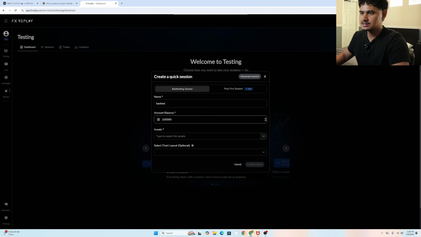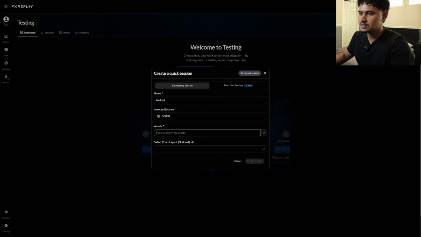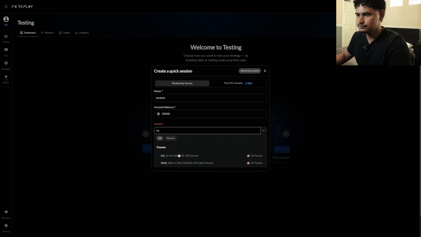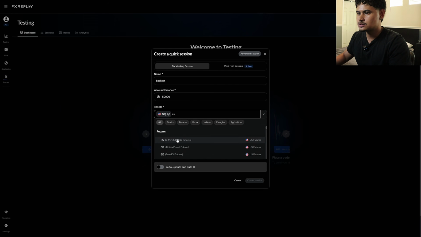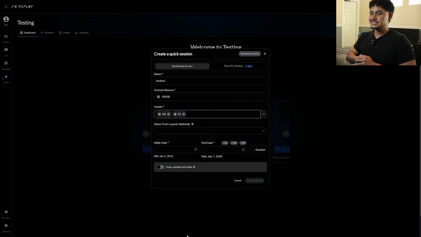So backtest 50K. Actually, let's leave it like that. 50K account, and let's do NQ and ES. Cool. This is actually crazy because last year in April, I was still unprofitable, didn't know what I was doing, and got my first payout in October.